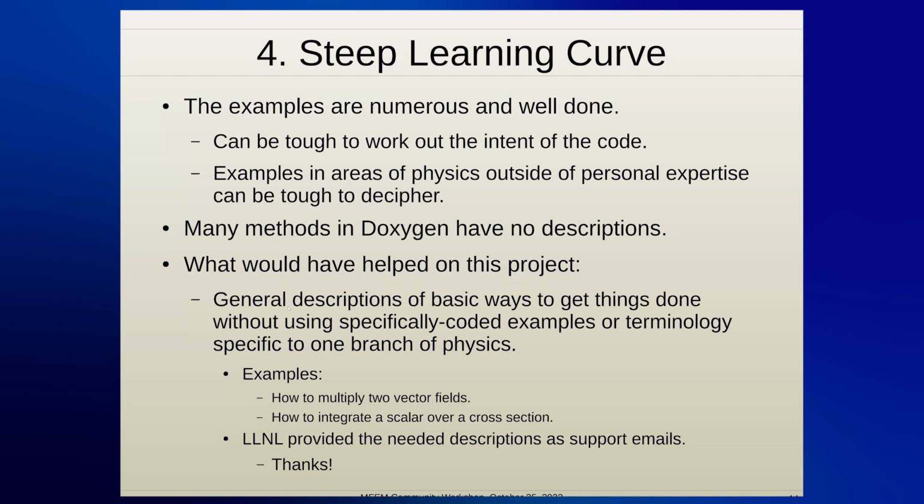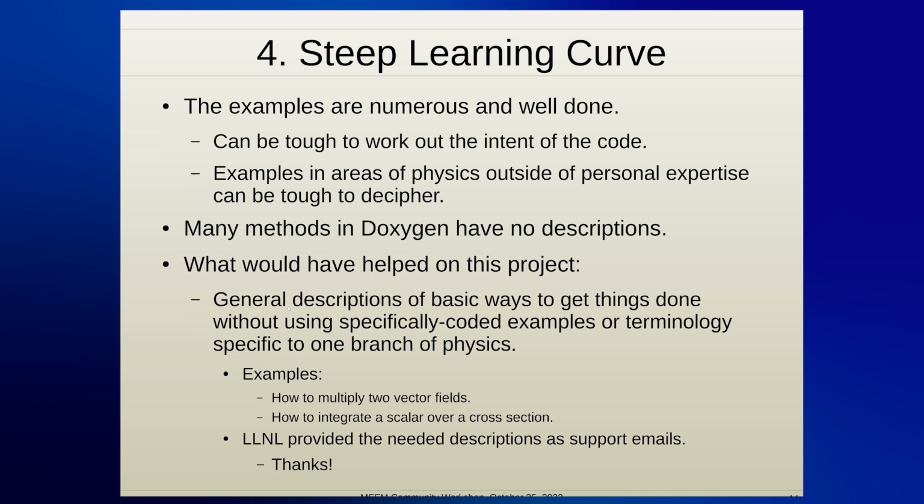A lot of the methods in Doxygen have no descriptions. So I would often find that I was having to poke around in the code to try to figure out what a particular method was doing. And here's my biggest suggestion: general descriptions of basic ways to get things done without using specifically coded examples or terminology.